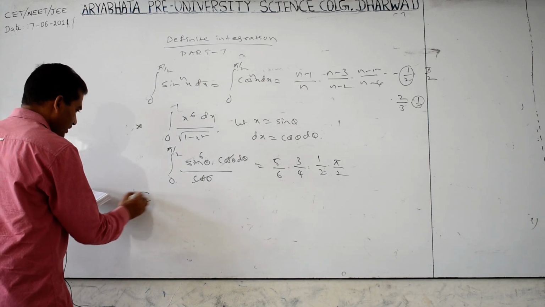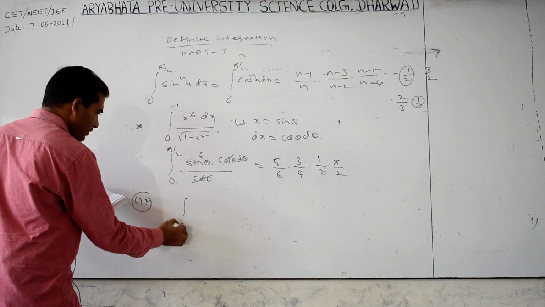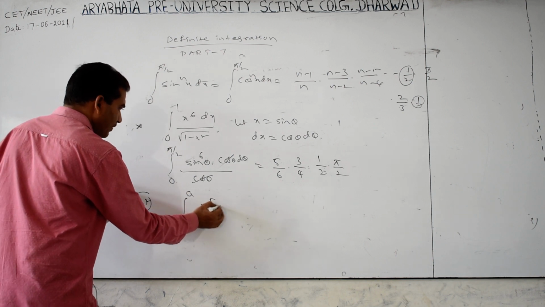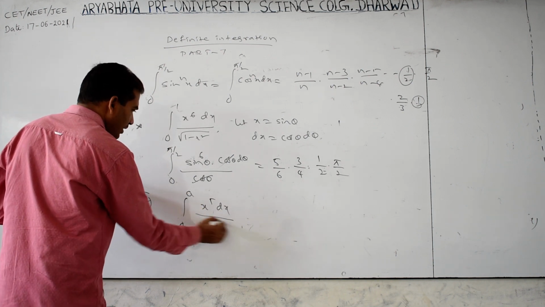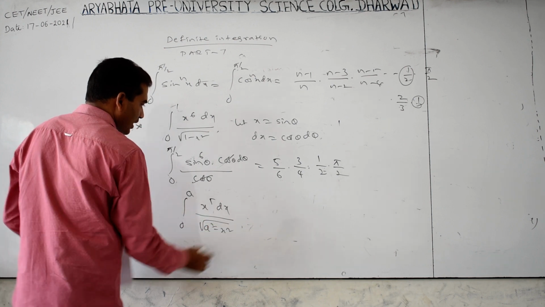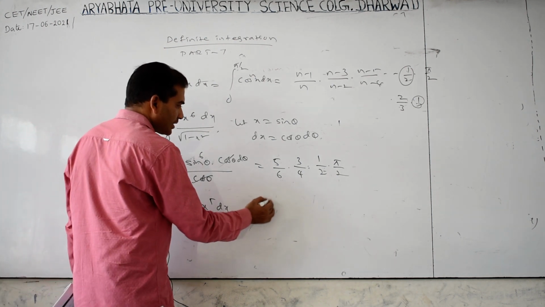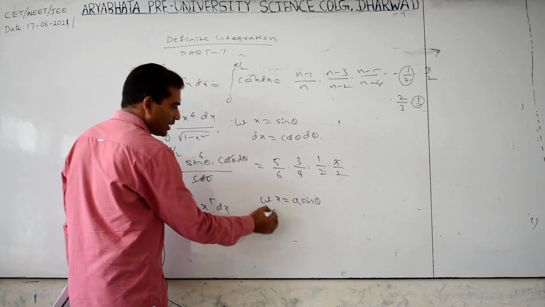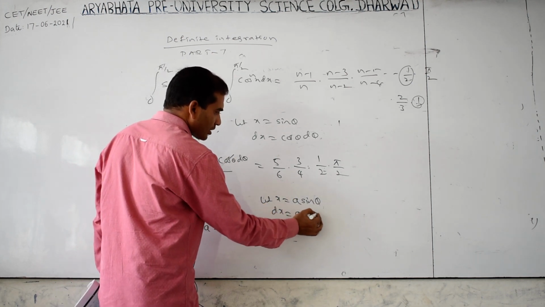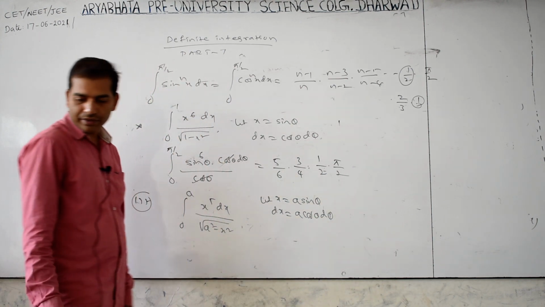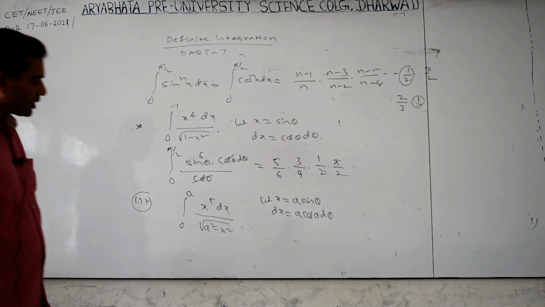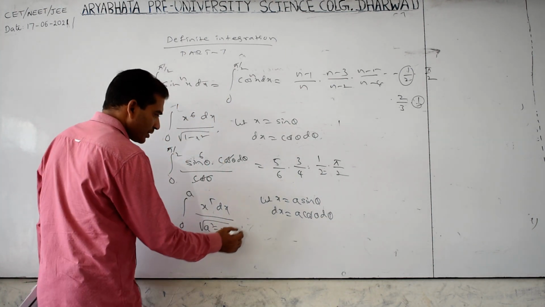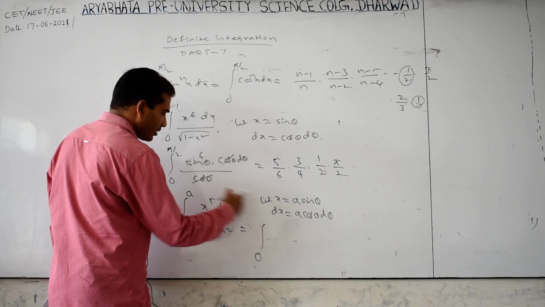Next, 177 also, integration of 0 to a x power 5 dx by root of a square minus x square. Same thing here. Let x is equal to a sin theta, then dx equal to a cos theta d theta. Substitute here. Lower limit is 0, upper limit a.